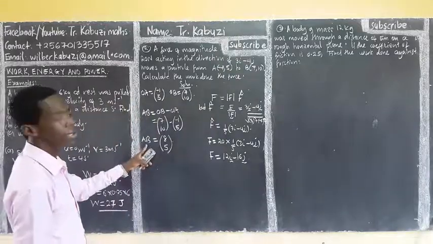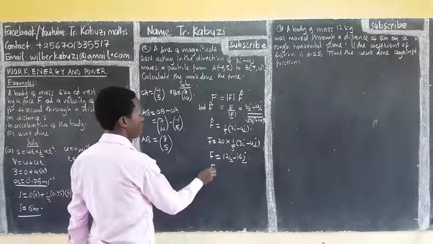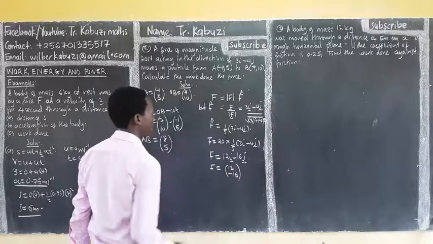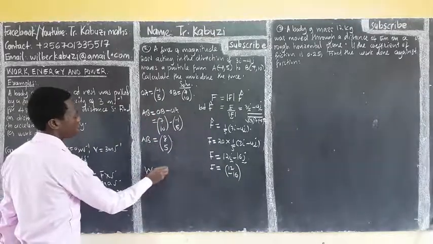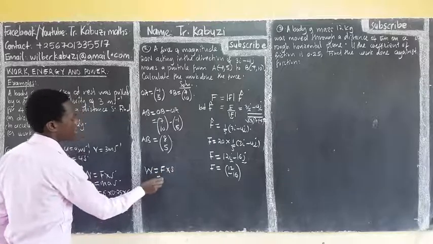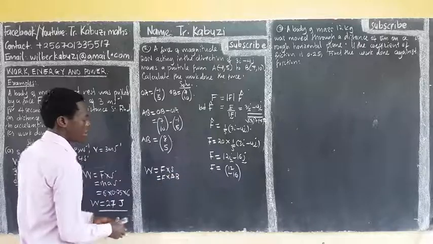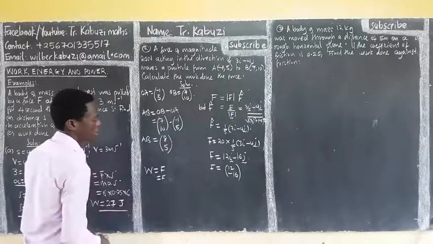Remember, even the distance is in vector form, so we need to dot them now. So our F, you can write it as (12, -16). Remember, our work done is equal to force times the distance, which is AB. Now we are in vector form, so we are just going to dot those two.